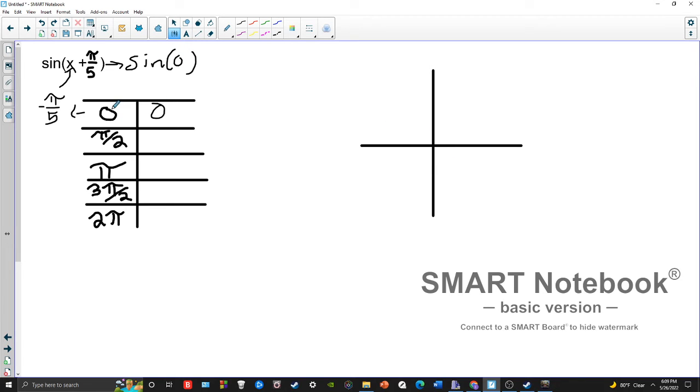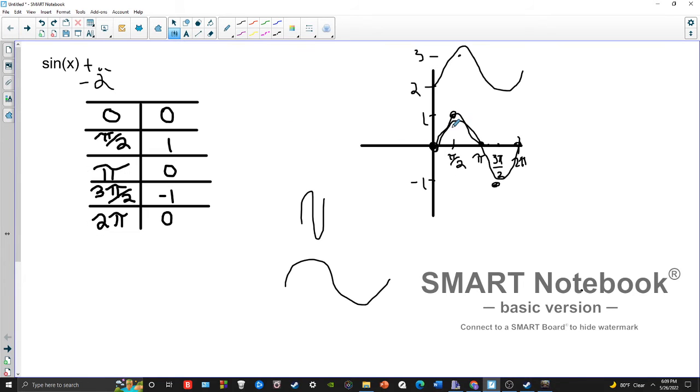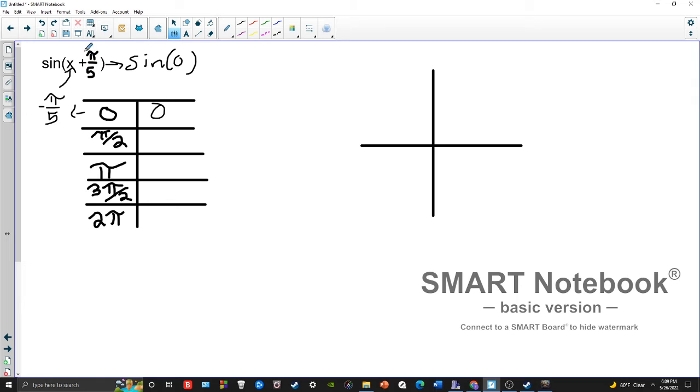So my first point isn't going to be at 0 like it was in the last two graphs, right? Here I start at 0, here I start at 0, but now because of this shift, I am going to end up starting at negative pi over 5. That's going to be my first 0 marker, essentially. That's going to be my starting point for my sine wave now.